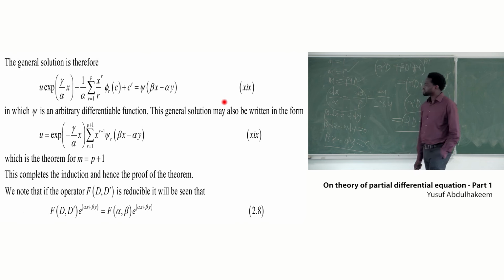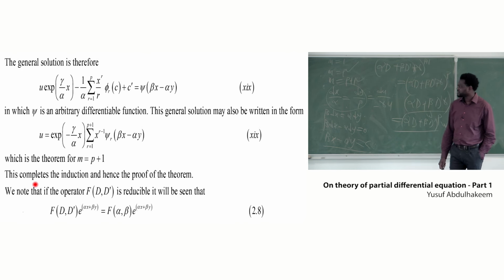Then we note that if the operator this is reducible, it will be seen that our f of D comma D prime exponential this will be equal to f of alpha comma beta exponential alpha x plus beta y.